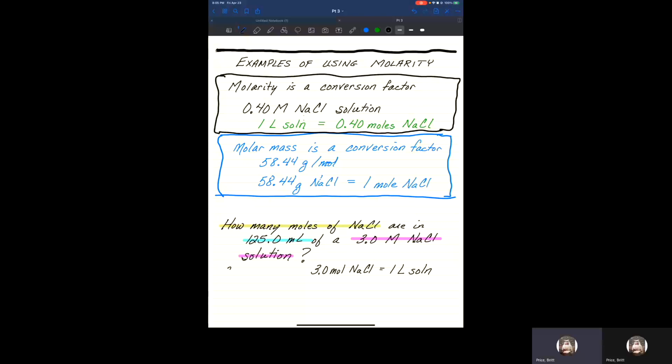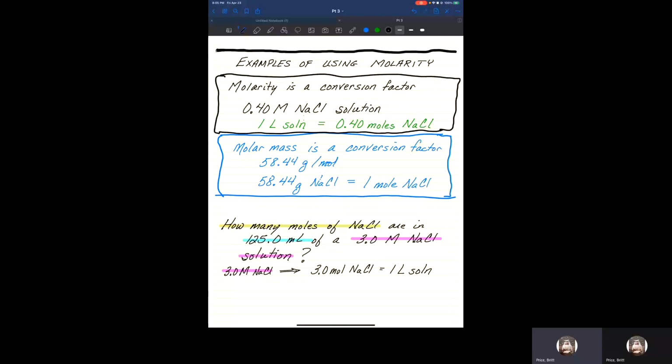No, that 3.0 molar NaCl I like to interpret it written out that way, because now I see that it's a conversion factor between the two pieces, between moles and volume.